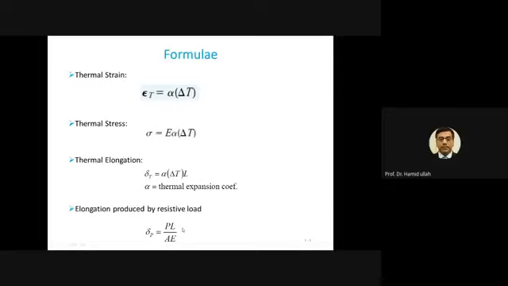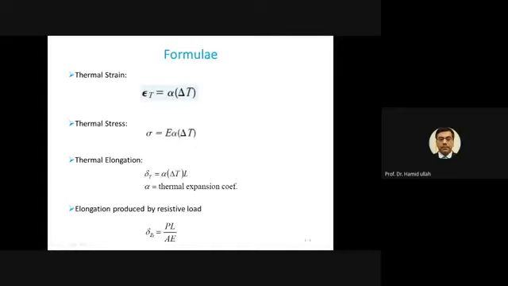Just to make it simple, easy, convenient, and to the point, let me list the formulas you will need for today's practice problems. The formulas are four. Again, I want to repeat: one for thermal strain, two for thermal stress, third for thermal elongation, and fourth for elongation which is not because of temperature but because of load.